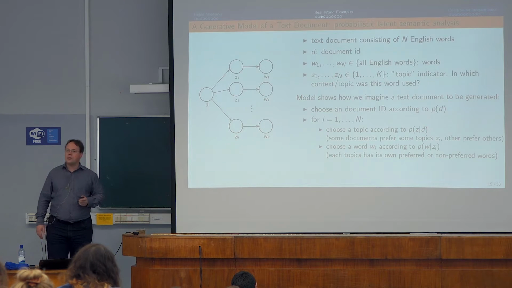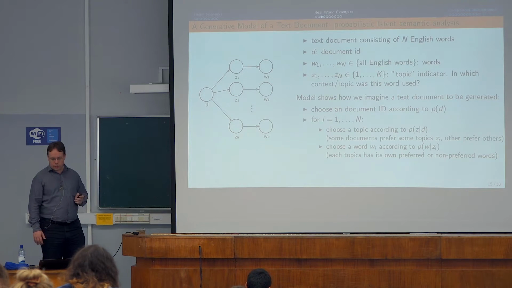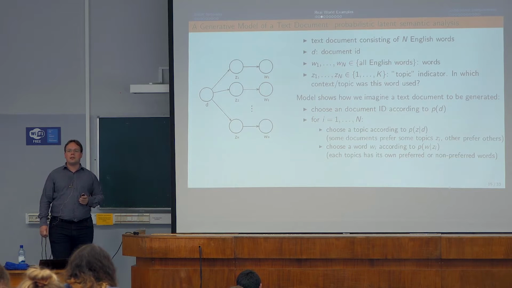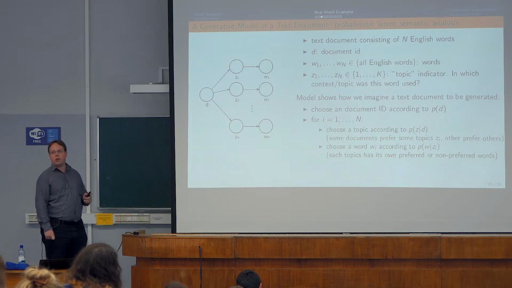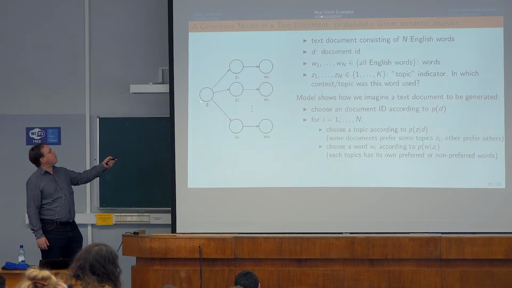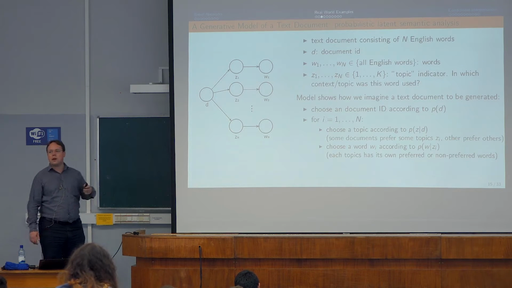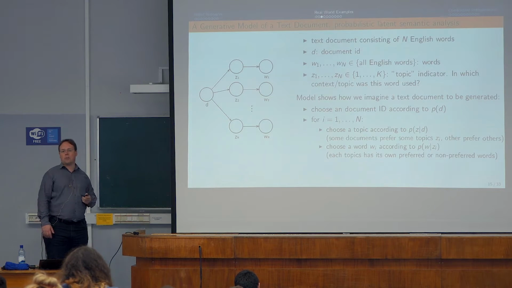Okay. Here's a slightly better example of a generative model, and it's a so-called topic model that was built as an extension of the previous model. And you can see that the graph gets a bit more interesting. So what people did is, instead of directly having the word be generated from the document ID, they introduced another intermediate variable, which they called a topic variable.